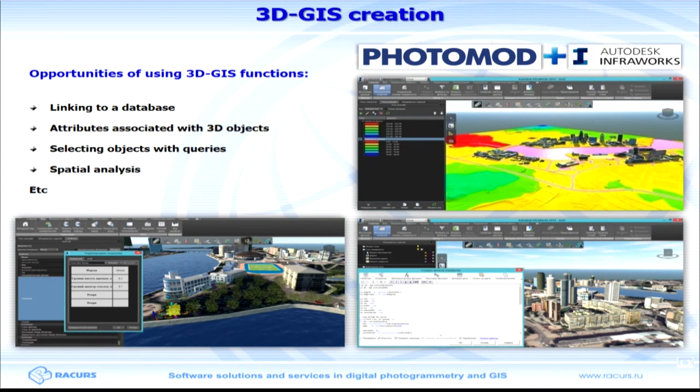Now I would like to talk about how we can use this information. I wanted to elaborate on this too, usage, I mean. So we're talking about 3D GIS creation. And since we don't create GIS, we need to ensure a clear, crisp, real connection between specialized packages.